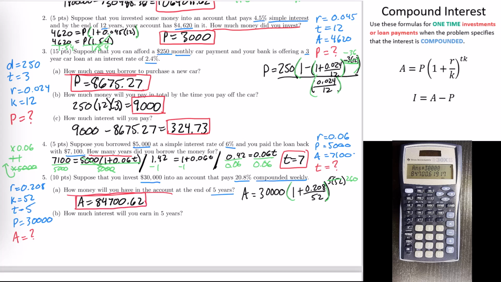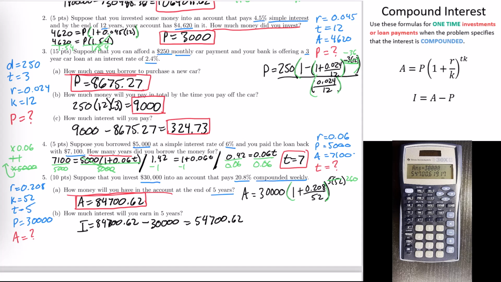Then to figure out how much interest we'll earn in 5 years, we're going to use the second formula, which says that the interest equals A, which we just found was $84,700.62, minus the amount that was originally invested, which is $30,000. When we do that, the amount of interest we earned was $54,700.62.